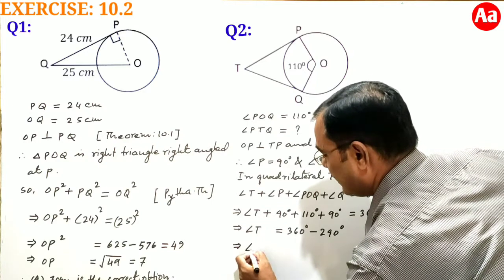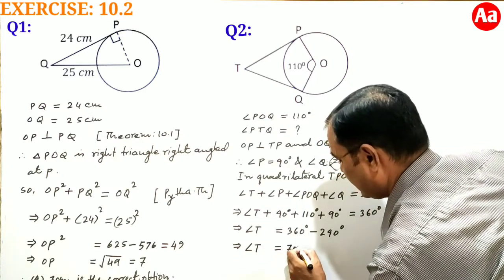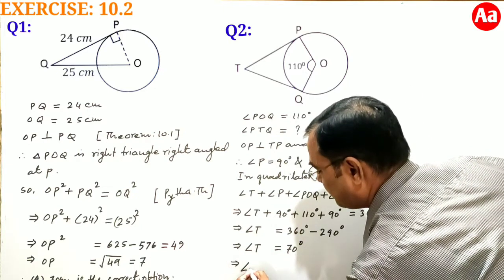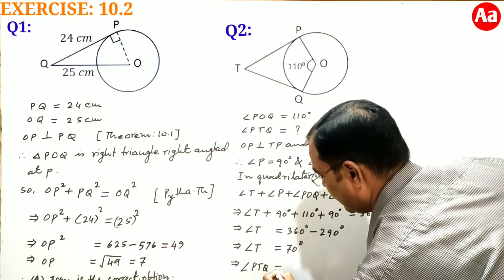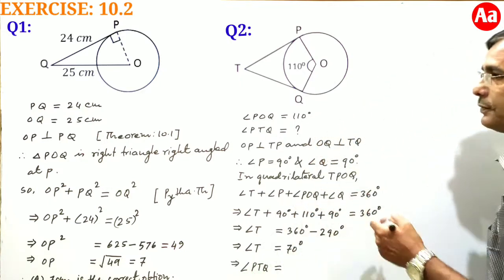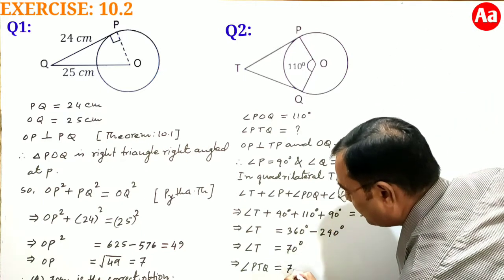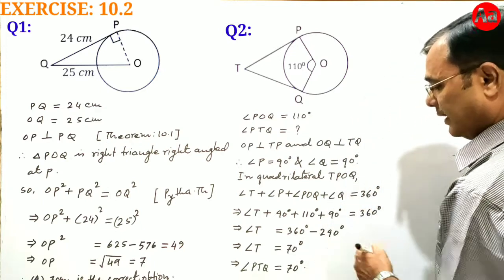This implies angle T is equal to 70 degrees, and angle T means angle PTQ, angle between the tangents drawn from external point T to the circle with center O. So this is the required answer.